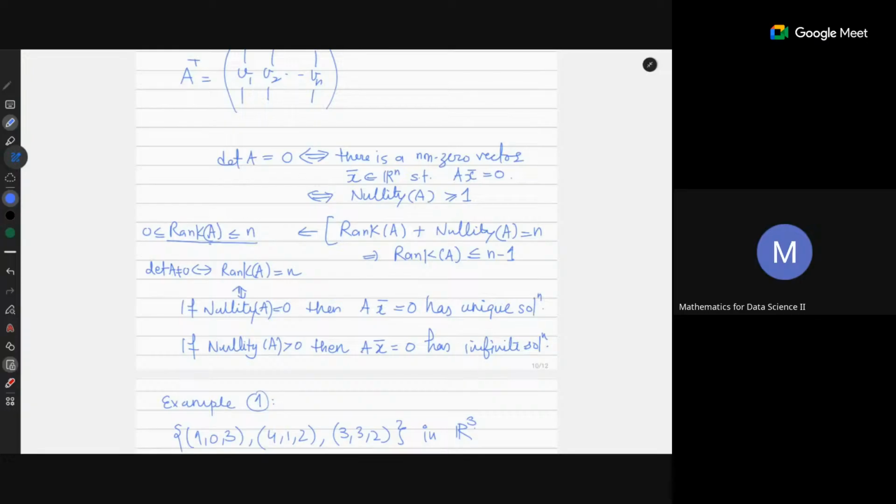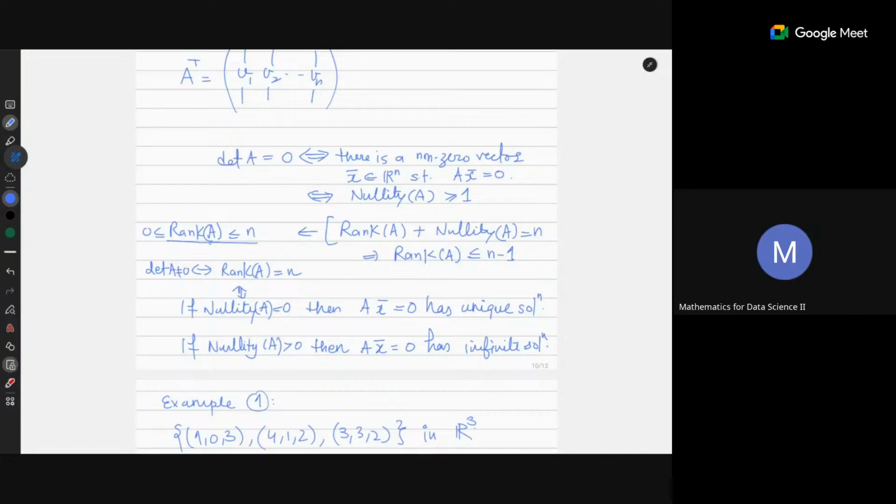And if nullity is greater than 0, that means after row reduction there will be some 0 row in the matrix, in the RREF, which will give us that the original matrix also has determinant 0. So you go to that lecture where I proved that the determinant can be found using the RREF.